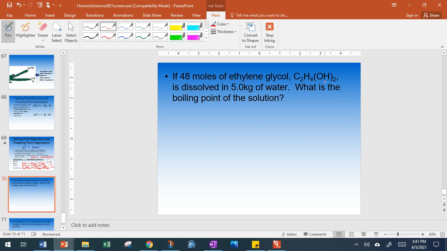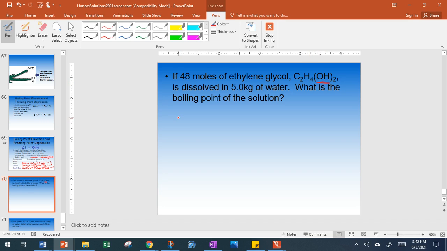Typically when you see OH, unless you see it with a metal like sodium, this is going to be just a hydroxy group like we would have on alcohols. And this is actually a covalent compound. If you notice here, it's paired up with carbon and hydrogen. So that's telling you it's more like an alcohol group.